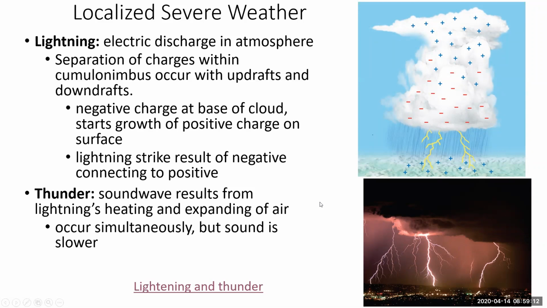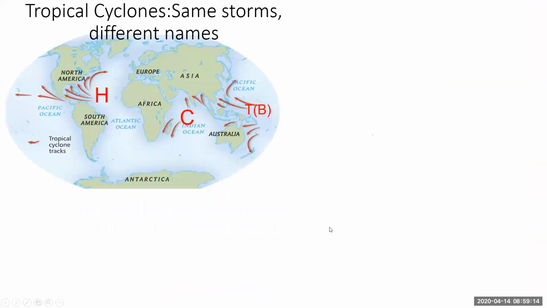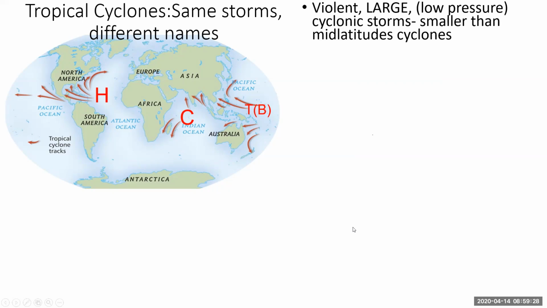All right. So let's move on to hurricanes. The official name of a hurricane is tropical cyclone. That's the technical name, but they're actually called different things in different places in the world. They tend to be very violent, large, massive, low pressure.